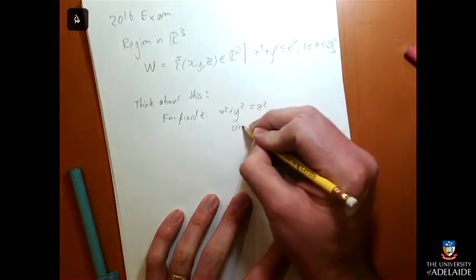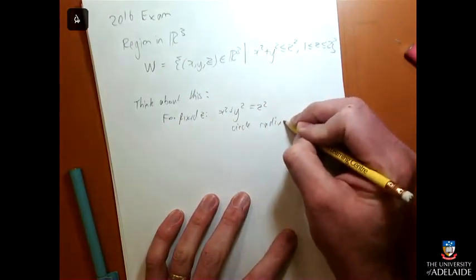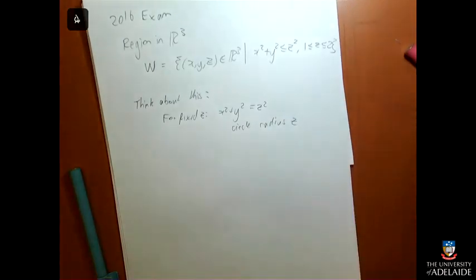That is a circle of radius z, well technically radius the absolute value of z, because radius can't be negative. And so as z gets higher the radius gets bigger.